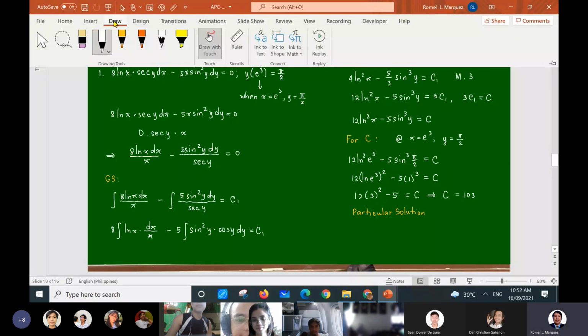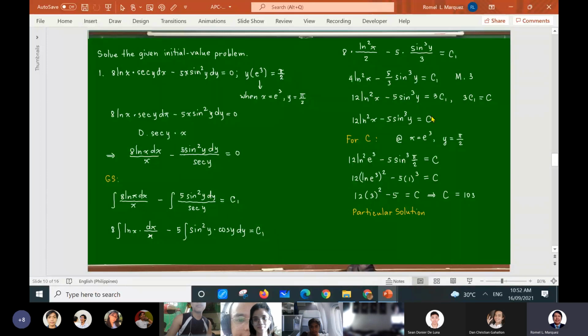Substitute the value of C into the general solution: 12 ln squared x minus 5 sine cubed y equals C. What is C? 103. That's it.